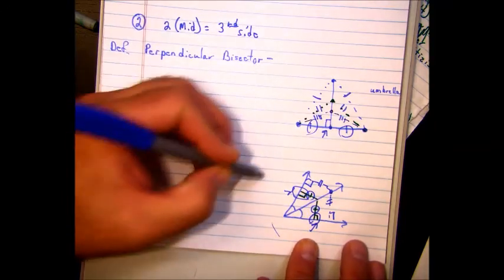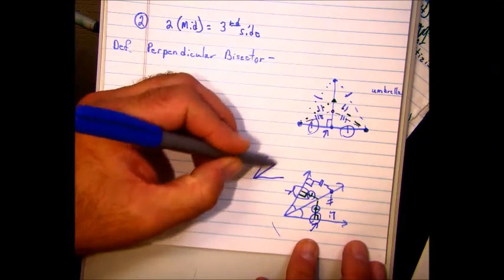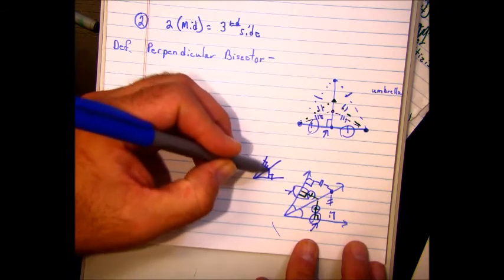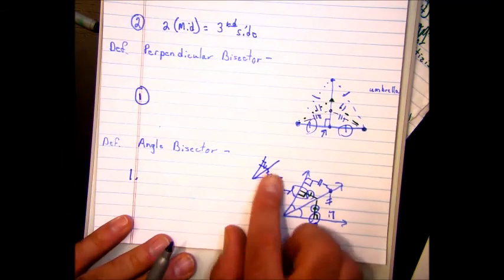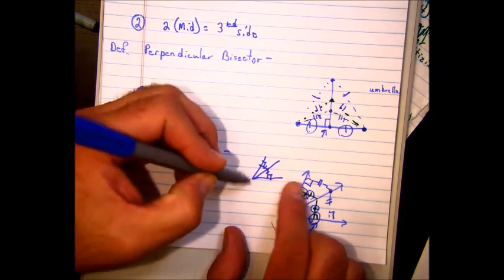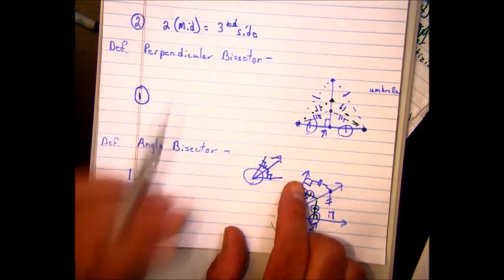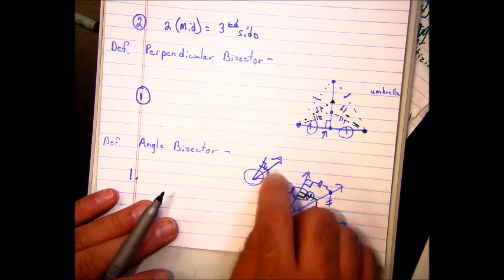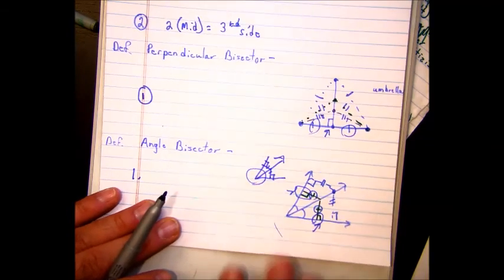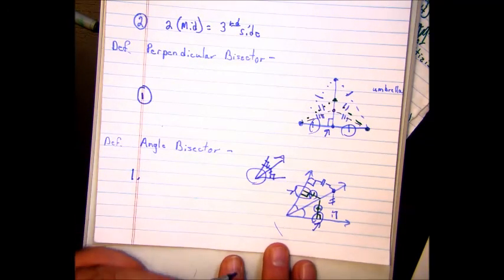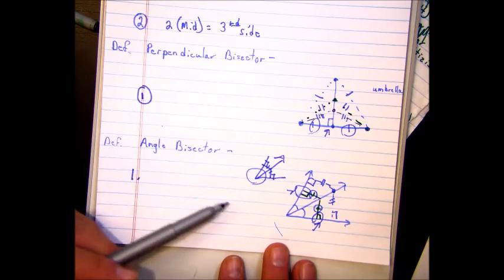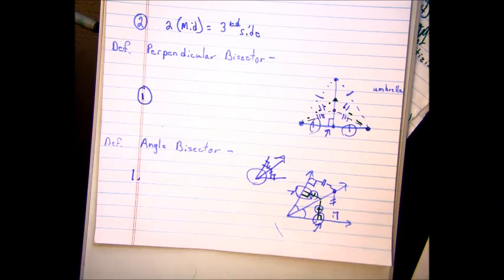So like if they give you a picture that only has that much information on it, you know you can add the congruency marks because you know that is an angle bisector because it's perpendicular and equidistant to the sides of the angles. So knowing it forwards and backwards. Forwards is our theorem, backwards would be our converse.